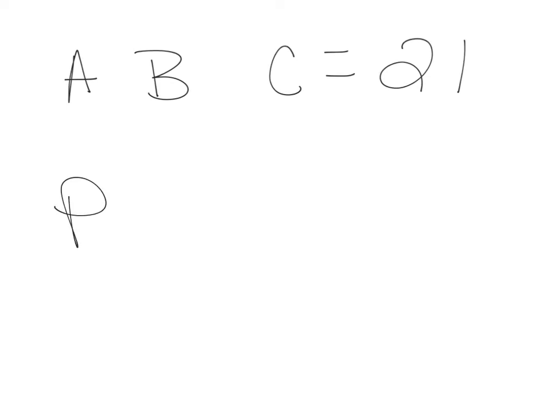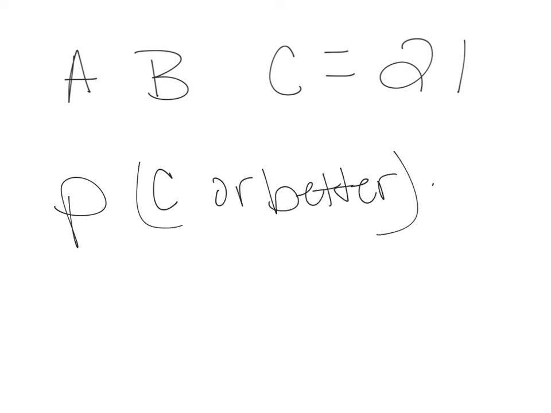So the probability of a C or better would be 21 out of 27. Now that we have that information, we can determine approximately how many students in all of the IA2 classes have at least a C or better.